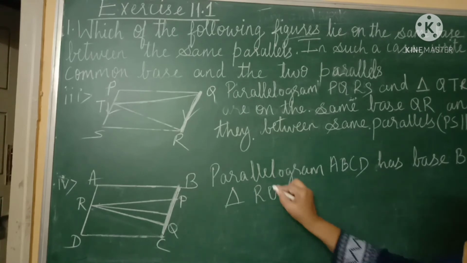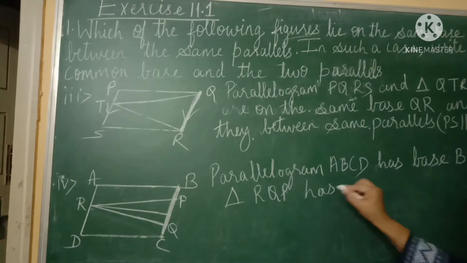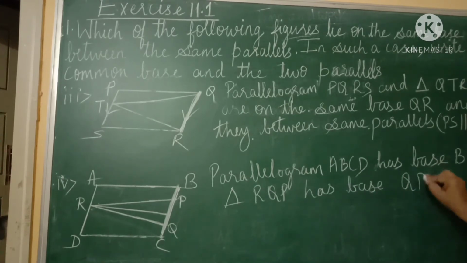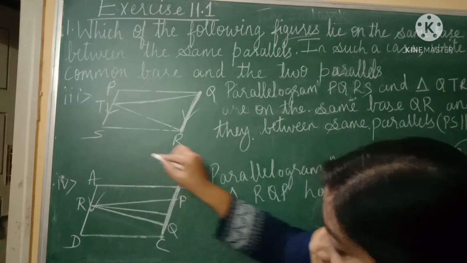Triangle RQP has the base QP. Are they sitting on the same base? No, they are not sitting on the same base. So here the problem is they do not have the same base, but they are sitting between the same parallels.